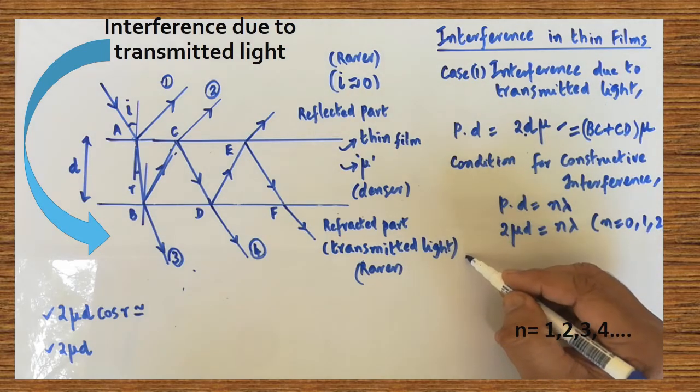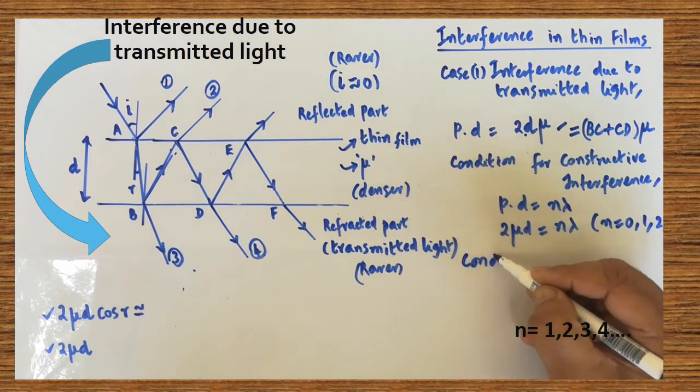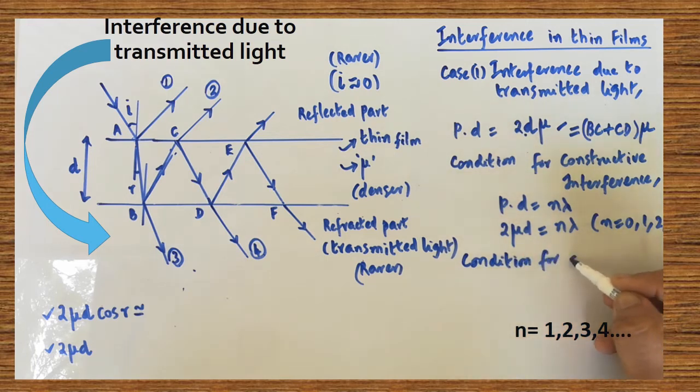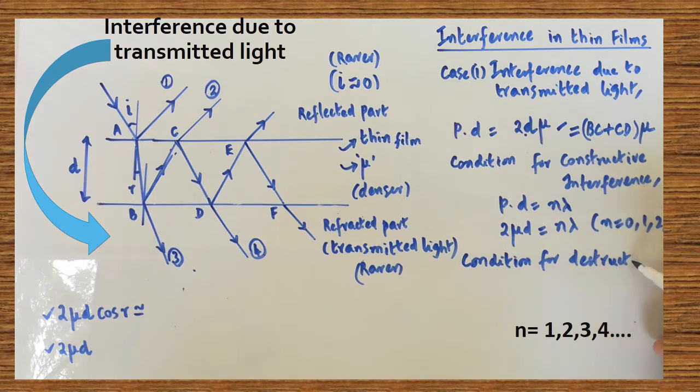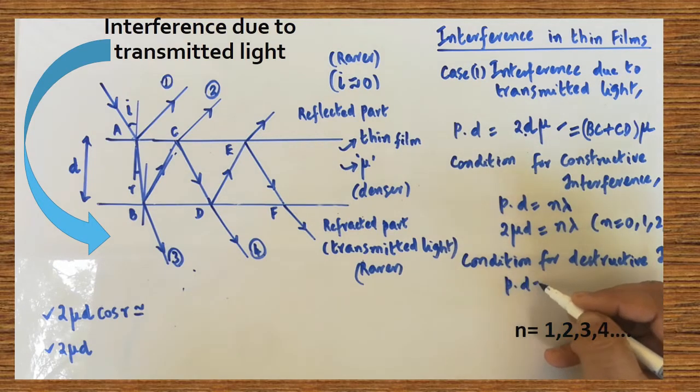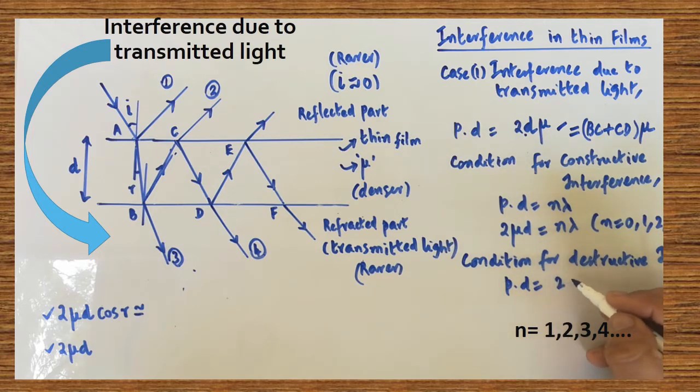Next we are going to learn about the condition for destructive interference. Same formula, path difference must be equal to, but here the condition is different. The path difference must be equal to (2n minus 1) lambda by 2.